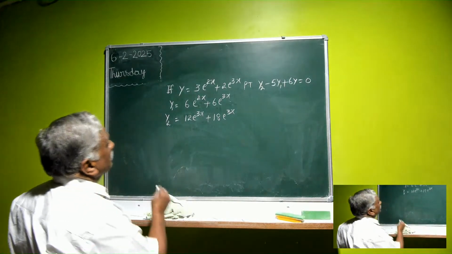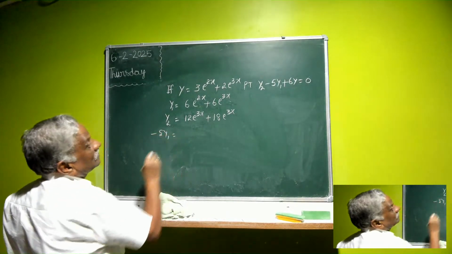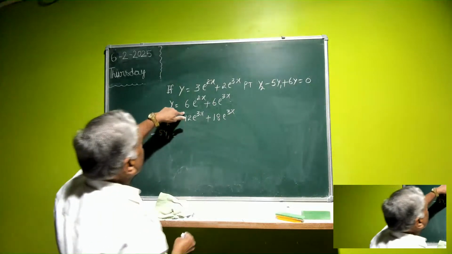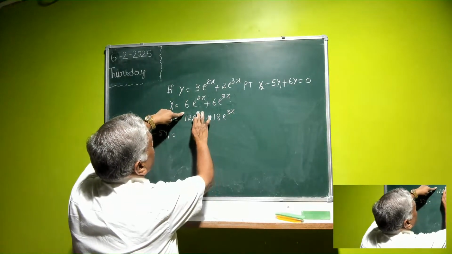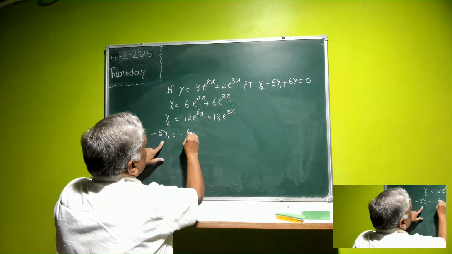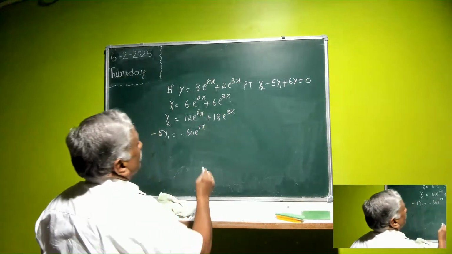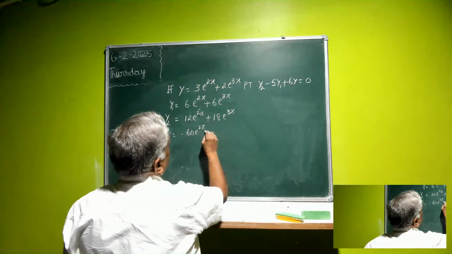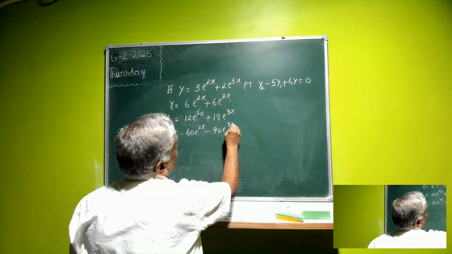So y2 minus 5y1, 5 into this 30 e^(2x), so this is minus 30e^(2x), minus 90e^(3x)?